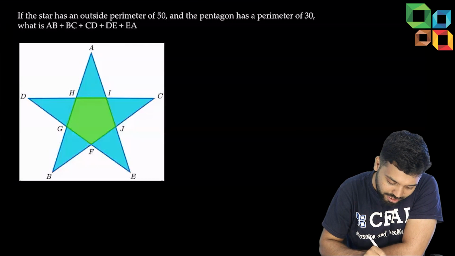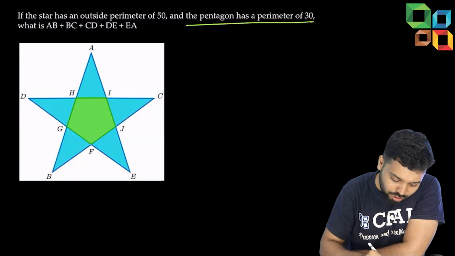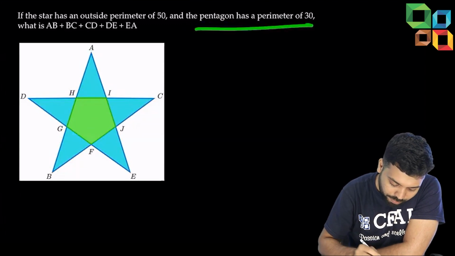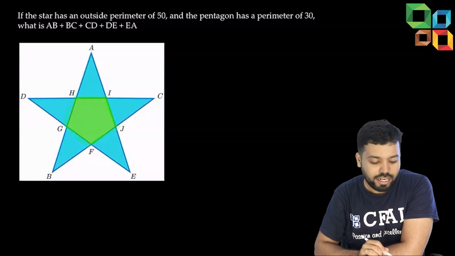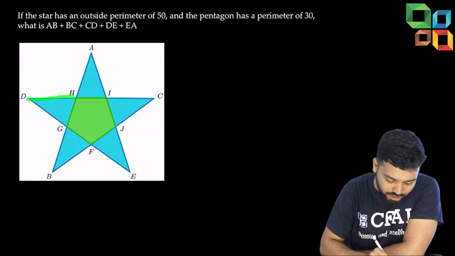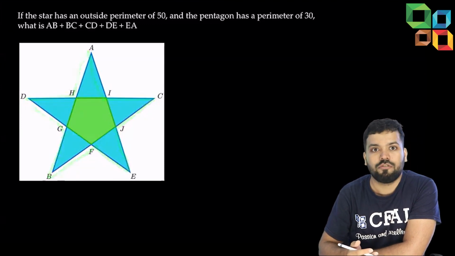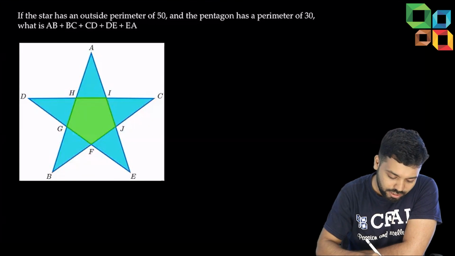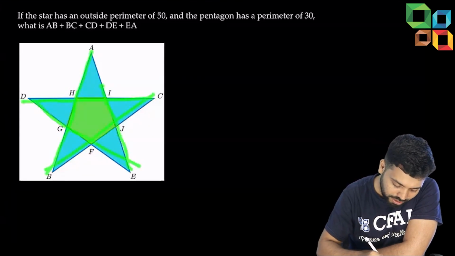See, we have a star. We have a pentagon with a perimeter of 30. So this pentagon is 30, and the outside star, whatever outside star we have, is 50. All that we want is this plus this plus this plus this plus this.